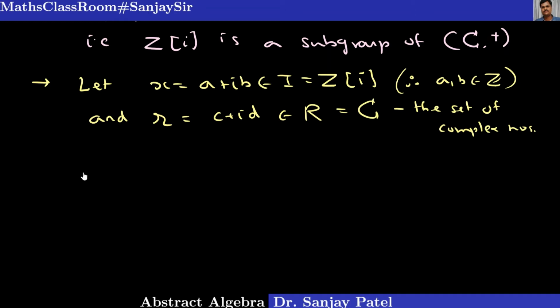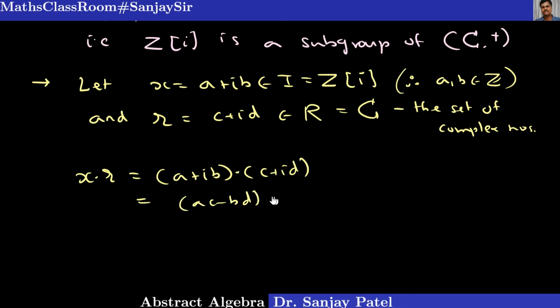So if I multiply this x into r, that is a plus ib into c plus id, then you know it is ac minus bd plus i times ad plus bc. But this need not always be an integer. Why?